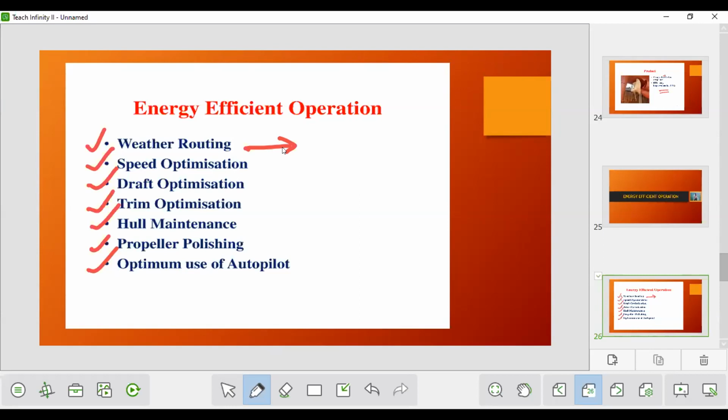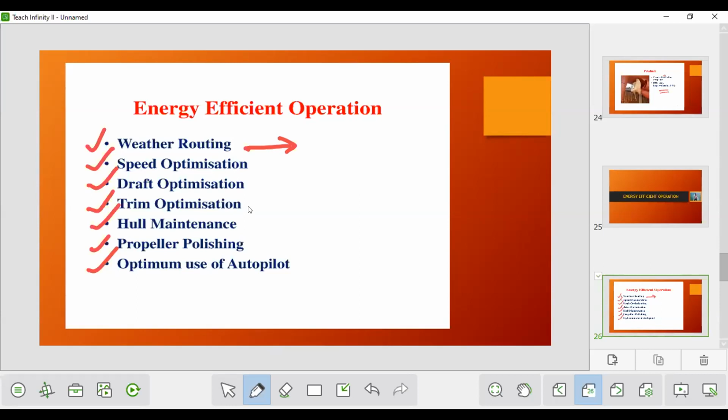That means the energy requirement is less, and thereby the carbon dioxide emission. Whatever it is, finally we should come back to carbon dioxide emission. We should reduce it, and that is the main goal here. So that is weather routing.